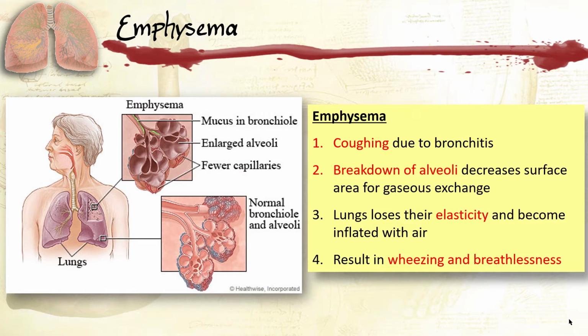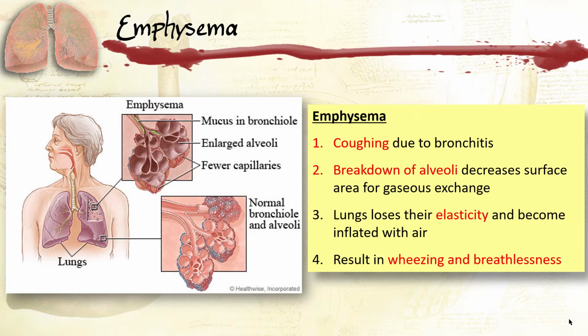And this coughing will break down the alveoli. So you can see from the diagram, the alveoli becomes broken and it reduces the surface area. So it reduces the amount of oxygen that can be absorbed into the blood capillary, resulting in us needing more oxygen.